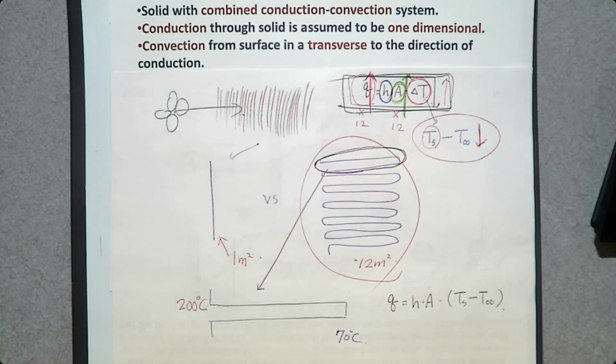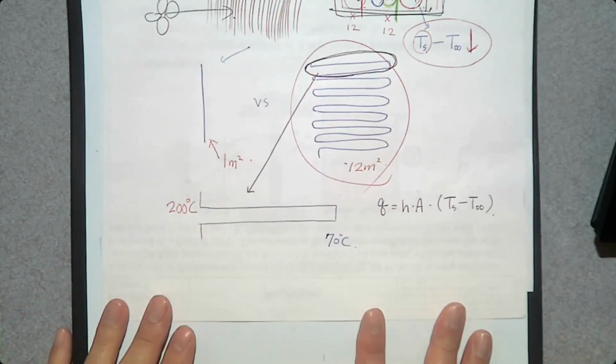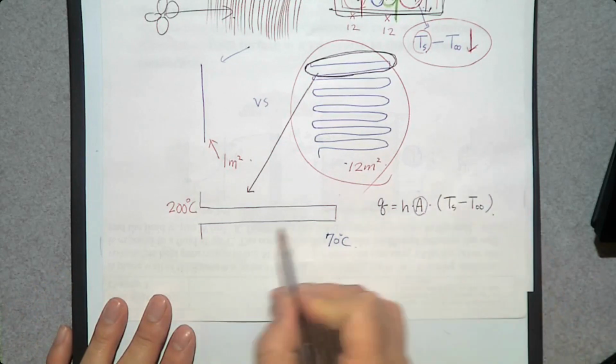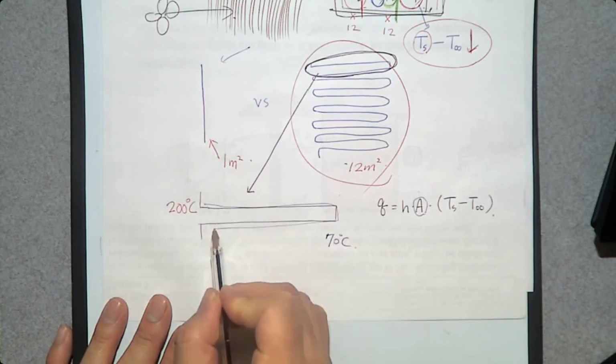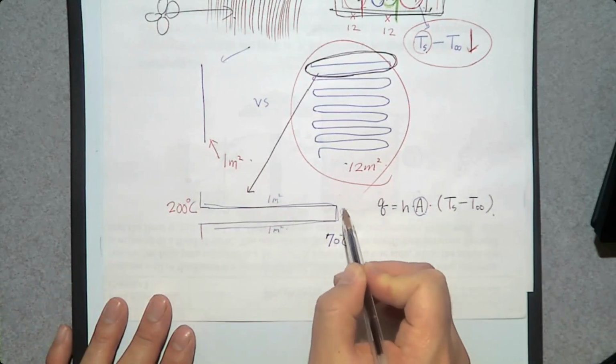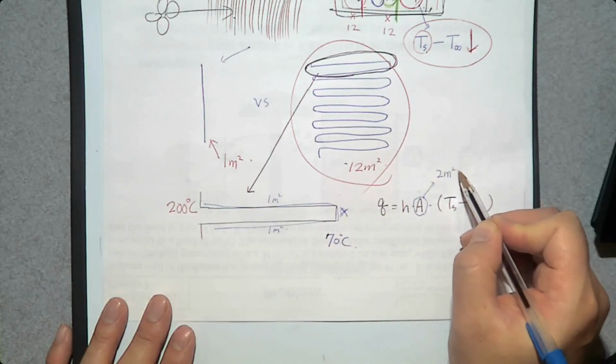Then, if you want to use Newton's law of cooling for this single fin, can we say the area is going to be, let's say the entire area is 1 square meter? Let's neglect the tip area. So it's going to be 2 times 2 square meters.